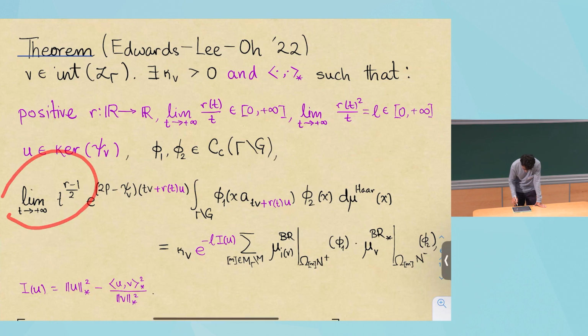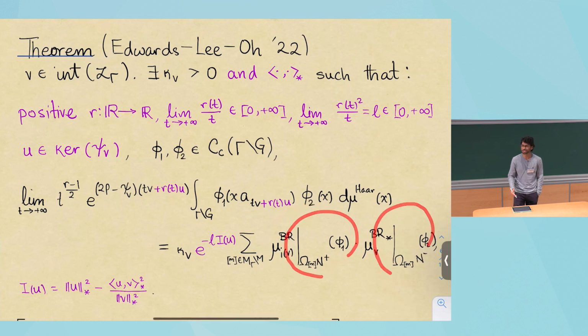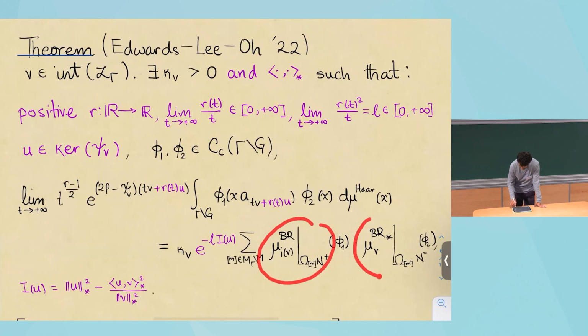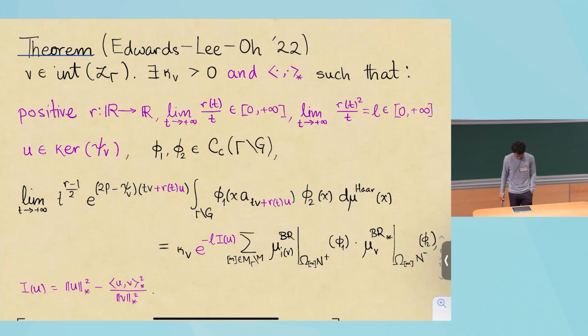And then if you take a limit, you get this constant times some other constant. But this constant is in terms of phi1 and phi2. You integrate phi1 and phi2 with respect to some Borel measure. These are the Bowen-Margulis-Sullivan-type Burger-Roblin measures, but I'm not going to define it.